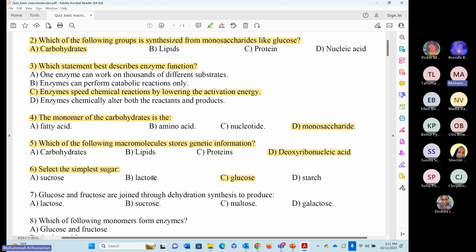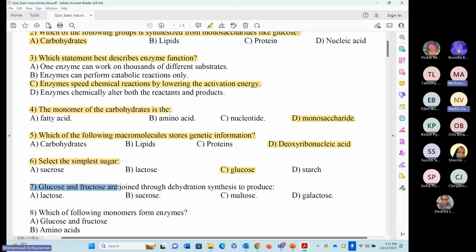Lactose we obtain from milk, and sucrose is cane sugar. Many monosaccharides form a polysaccharide. An example of a polysaccharide is starch, which we obtain from rice. So the correct answer is glucose, the simplest sugar.